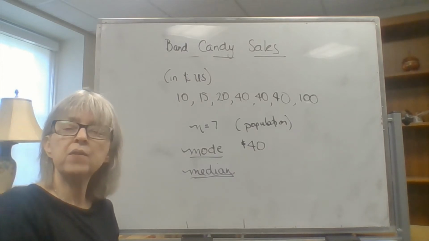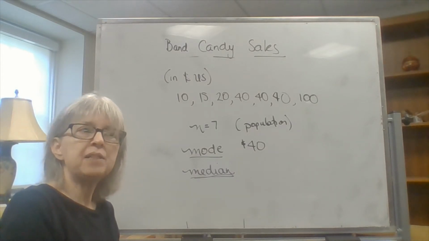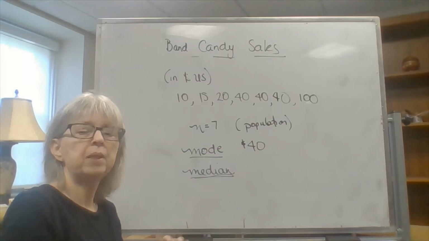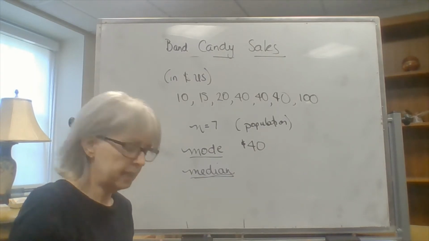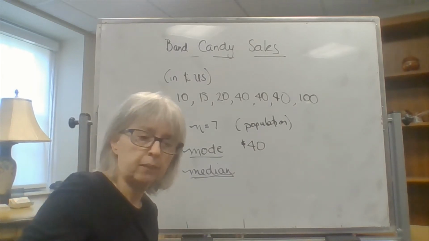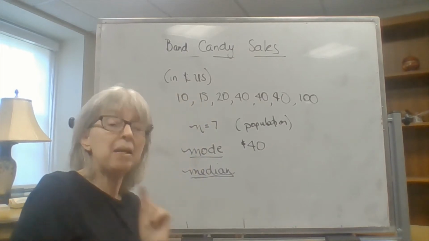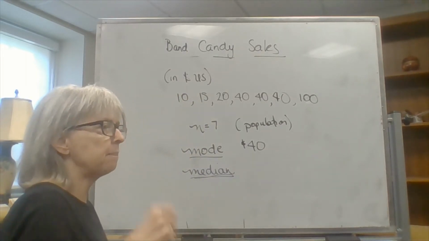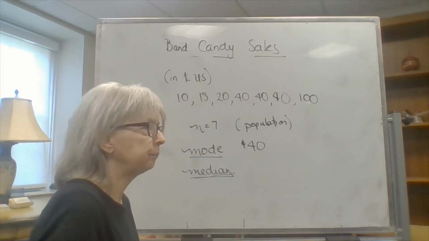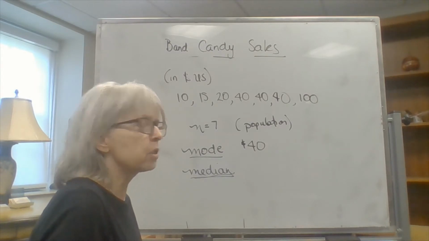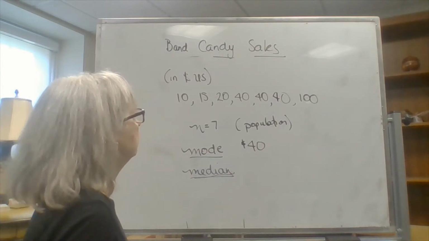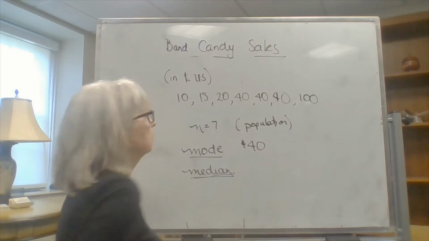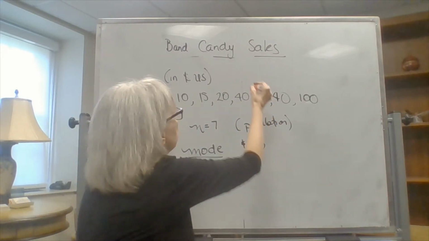Now there are 7 numbers. What I need to find is the number in the middle, the number that cuts the data in half. Now that number may be a value in my data set, or it may not. So where would I cut this in half?